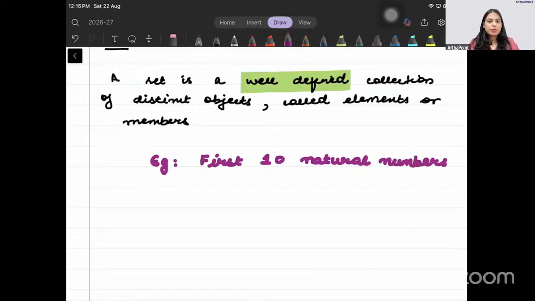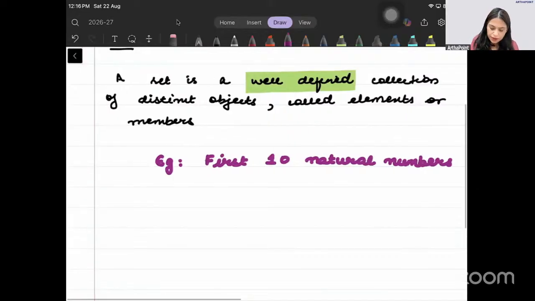Whether you tell me or I tell you, I will also say 1 2 3 4 5 6, you will also say 1 2 3 4 5 6 7 8. It will be the same answer. When we can define something in a way that the answer you get and I get is the same, you and I will get the same answer, then we can say that this is a set because it is well defined.